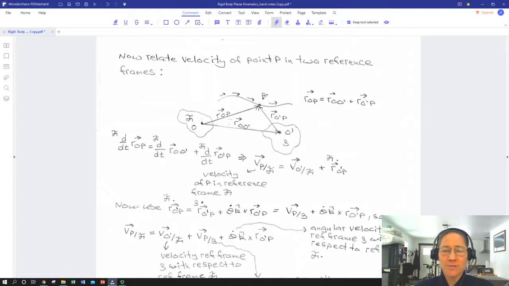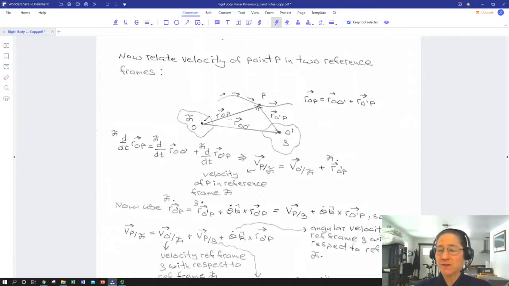So if we want to look at the motion of point P with respect to O, we're going to have to do some kind of mapping the way we did with our body B and our body F in our previous expression that we just derived, to look at how P is moving with respect to O prime.